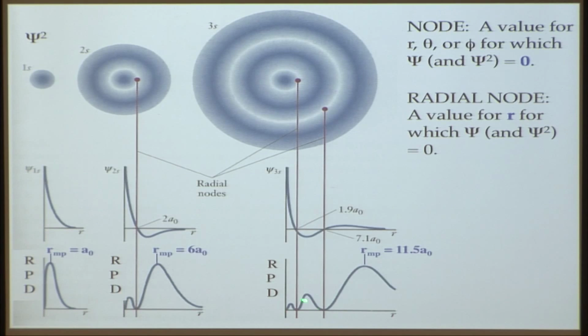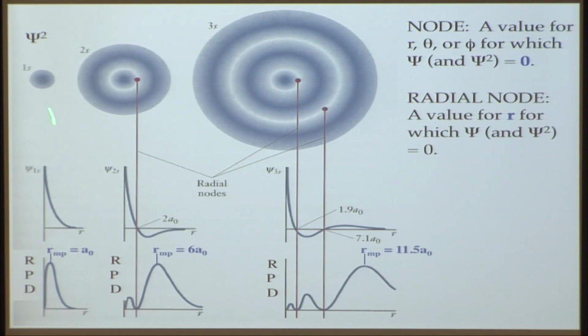You have another bump here. And then we have another node indicated by touching the 0 line here, touching here. That's at 7.1 a0. And then we have more probability of finding the electron. And this is where the most probable radius is, at 11.5.